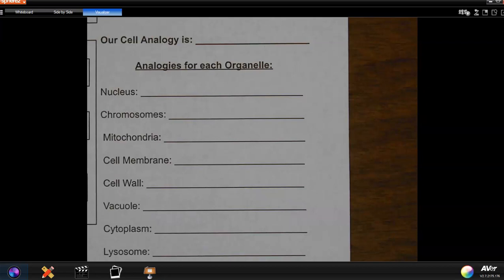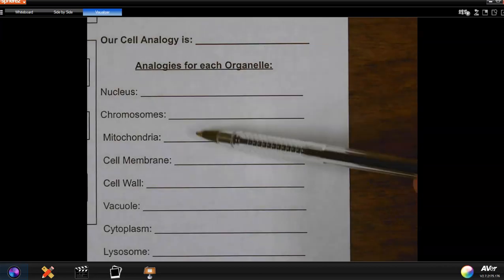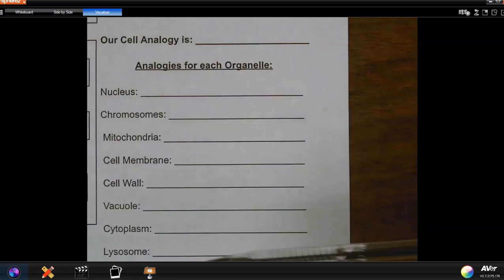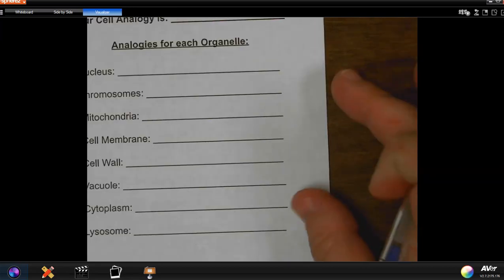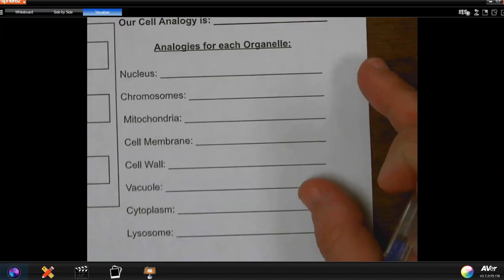It could be something like a plane, as long as it's big enough to have 8 different parts that do these things. So think of a place that you have visited that has those things.